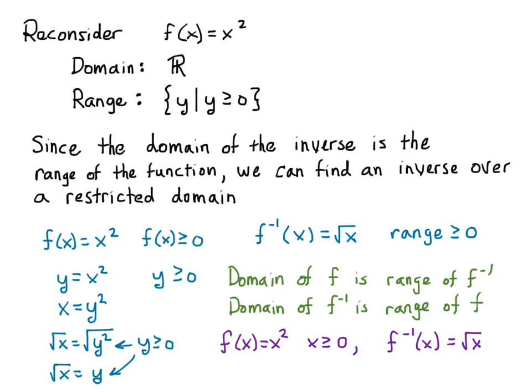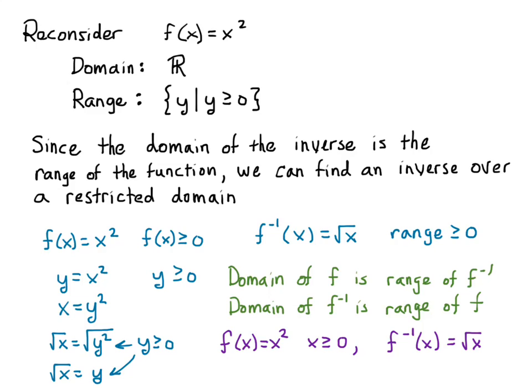So I didn't make a graph of this thing, but I can sketch it for you very quickly. So I'm saying, instead of making the whole parabola, if I'm going to say x is always greater than or equal to 0, this function passes both the vertical and horizontal line test.